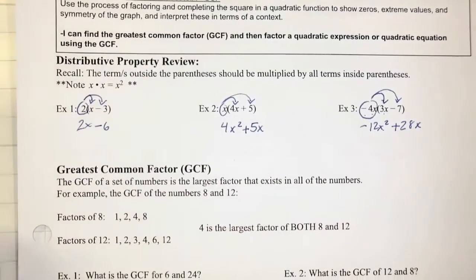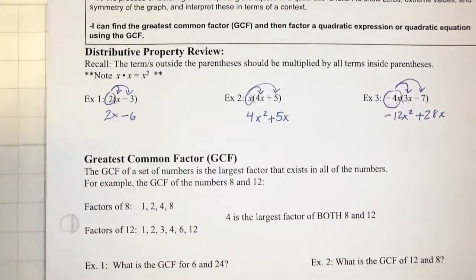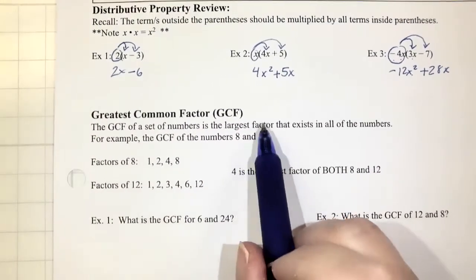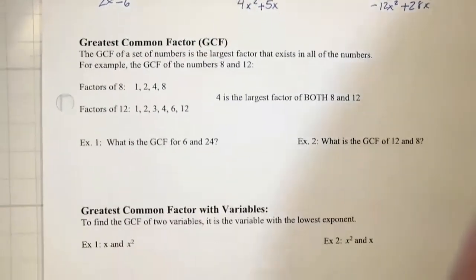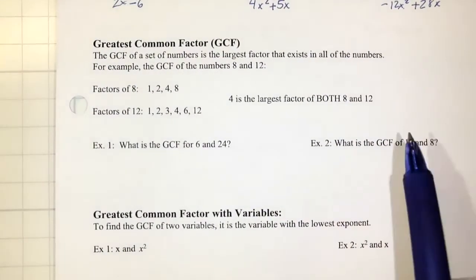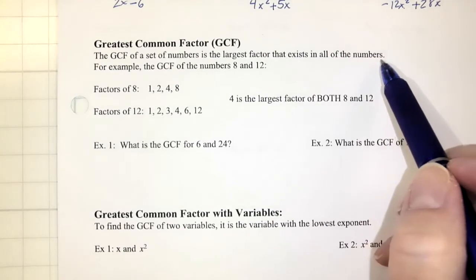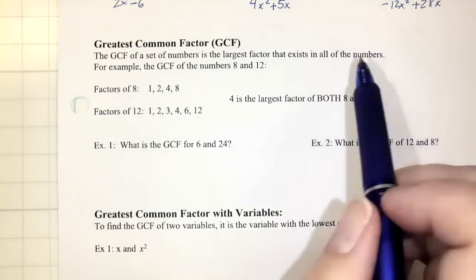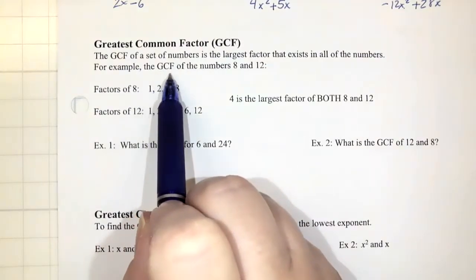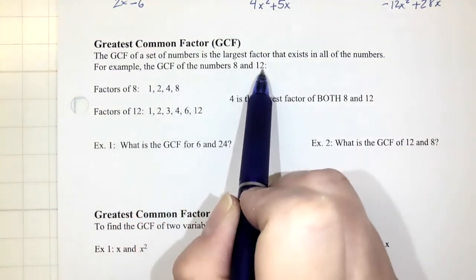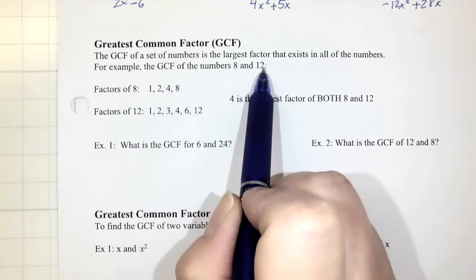Now, the greatest common factor of a set of numbers is the largest factor that exists in all of the numbers. So all of the terms have to have that number and or variable in common. So for example, the greatest common factor of 8 and 12.